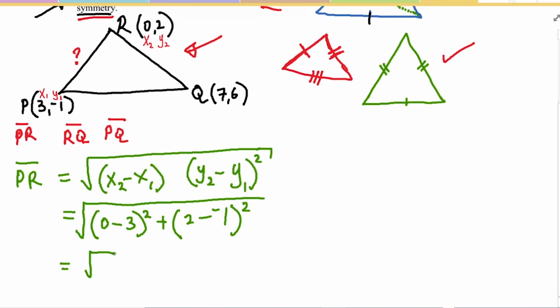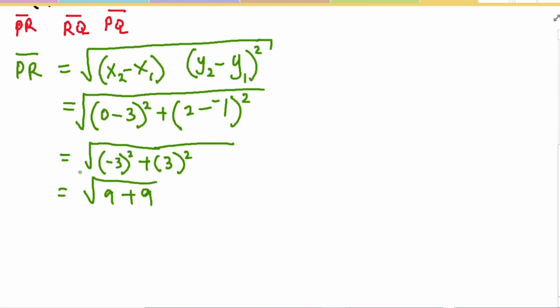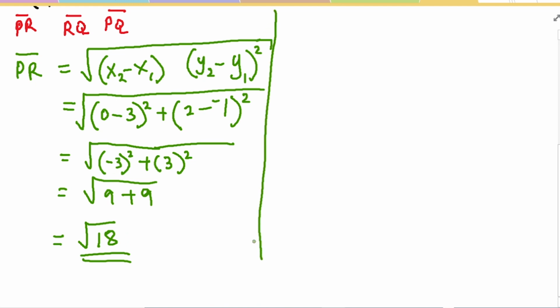This is the square root of -3 squared plus, now 2 minus -1 is 3, which is also 3 squared. We have the square root of 9 plus 9, so this is the square root of 18. So we have PR as the square root of 18.